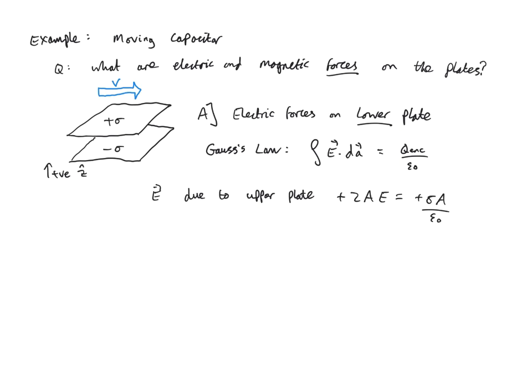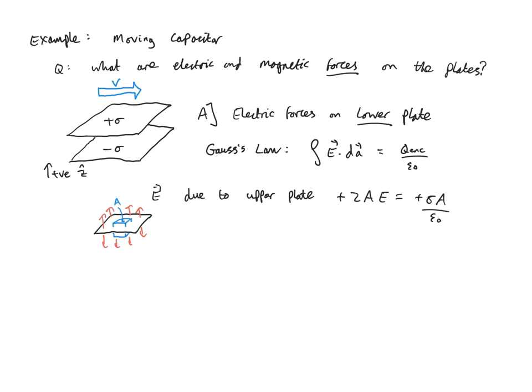This is the usual application of Gauss's law. Where did I get that from? Well, we consider the upper plate, we consider a Gaussian surface, which is like a little box that sticks up and below the plane of area A. The electric field flux that goes through this little box is going to be E times A for both of the surfaces, the upper and lower surface. That's why I get a factor of 2.